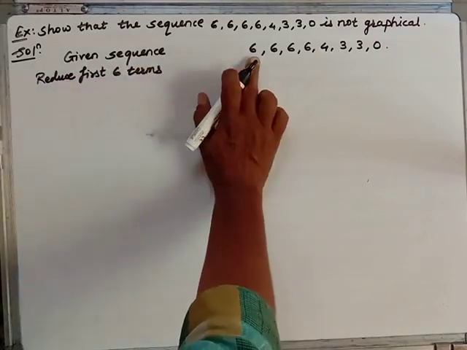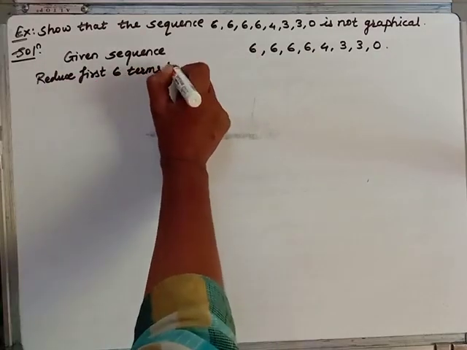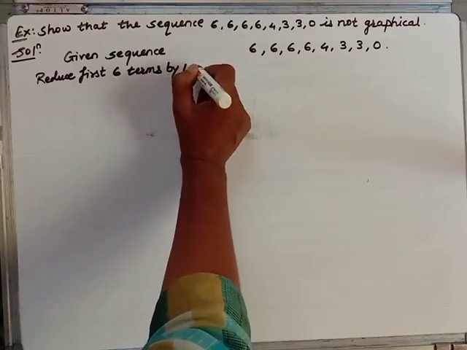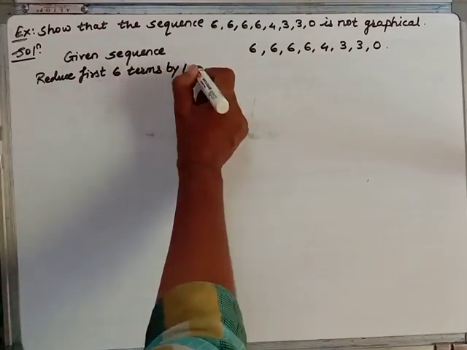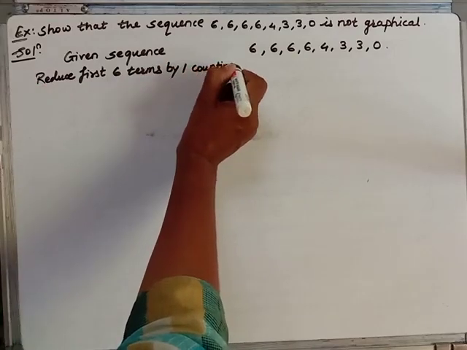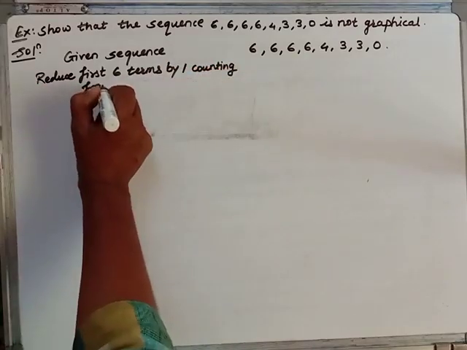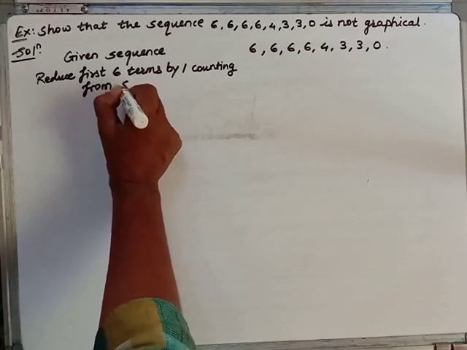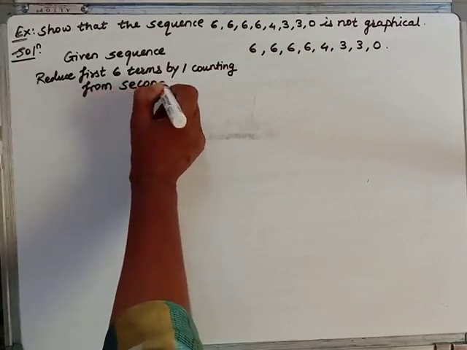First n will be 6, that's why 6 terms by 1, counting from the second term. You know that.